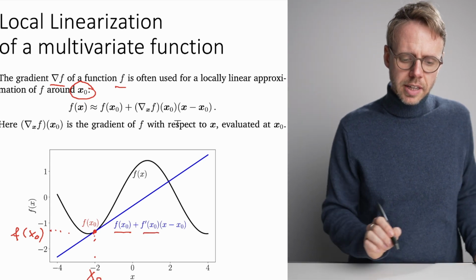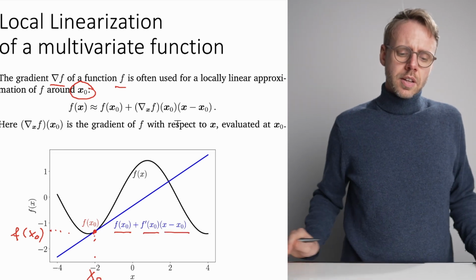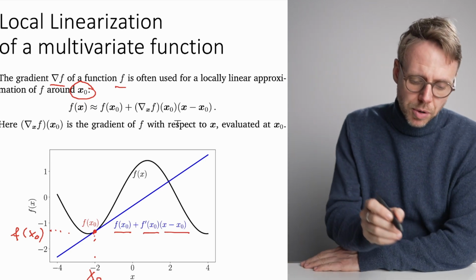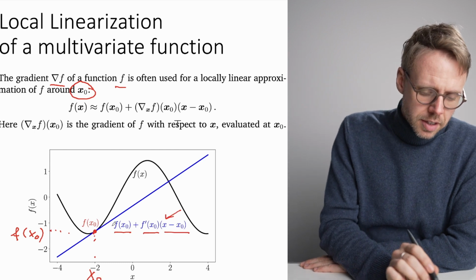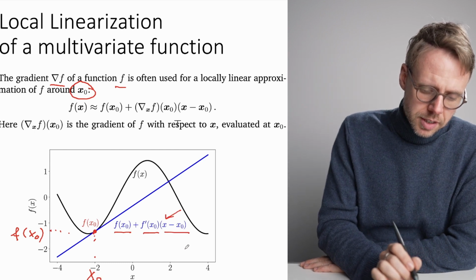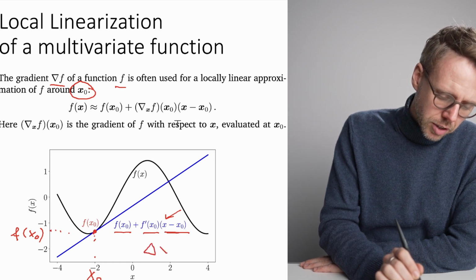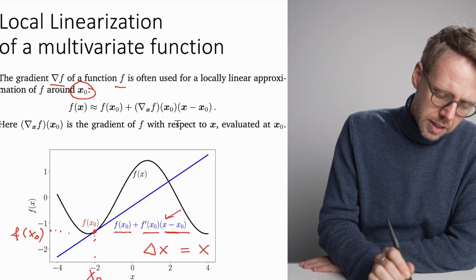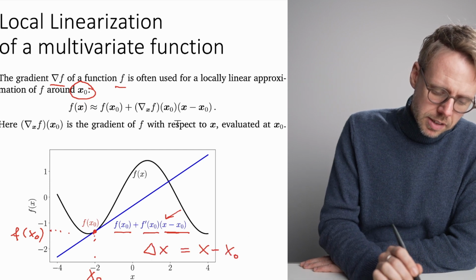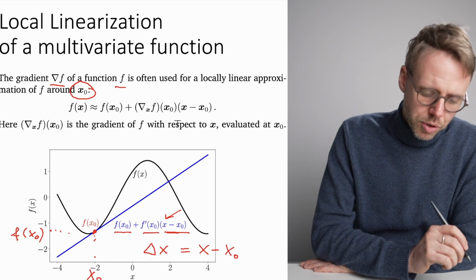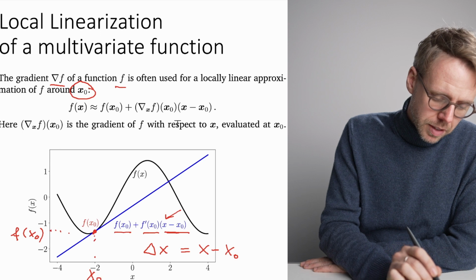So it's the gradient at this point x0 times the difference where we actually want to evaluate the point. So that's x, and this point x0. So this here basically you can think of as a difference in x. You can call it delta x equals x minus x0, and then you basically multiply this difference vector, which is 0 at the point x0, making this whole term equal to 0 here.